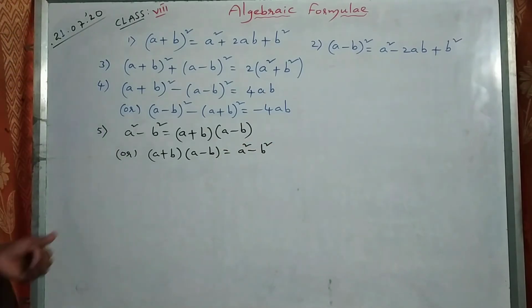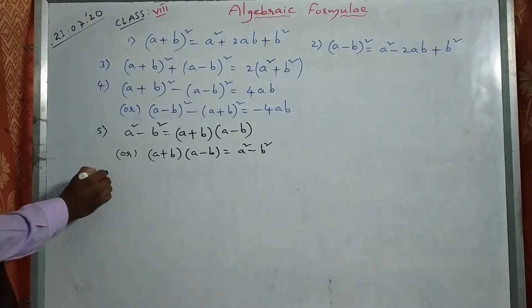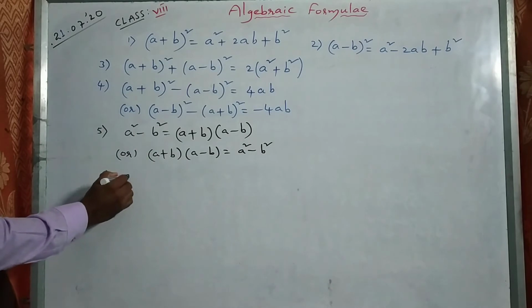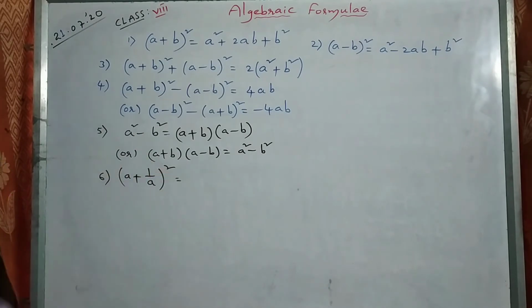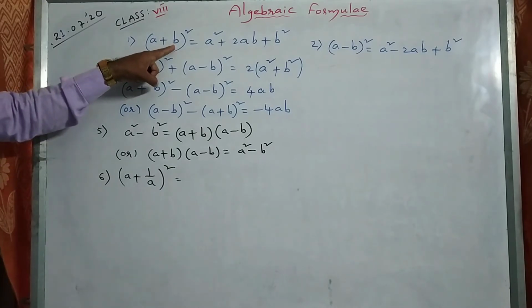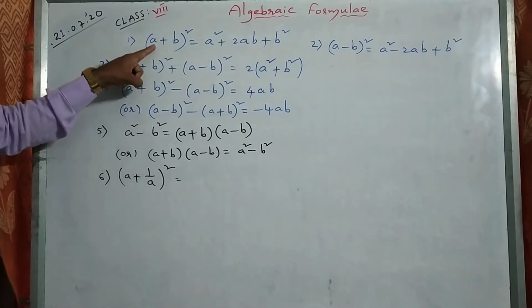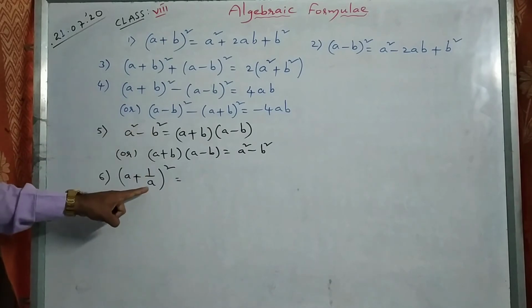Okay, this is the main important formula. Similarly, instead of b, if I take 1 by a, what is the formula of (a plus 1 by a) whole square? Instead of b, put 1 by a. A plus b means I am writing a plus 1 by a.